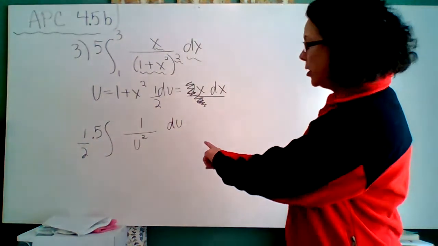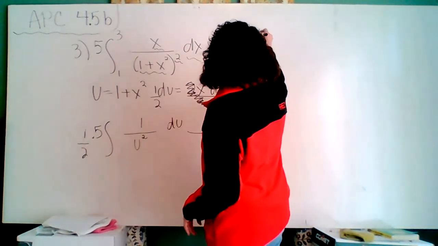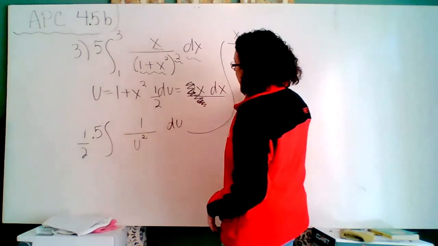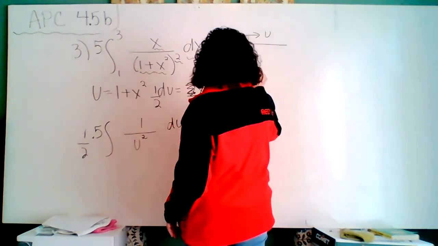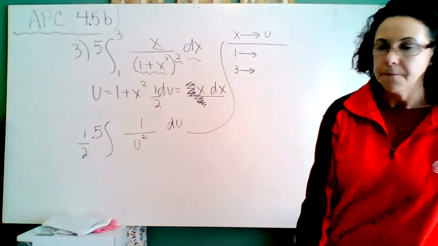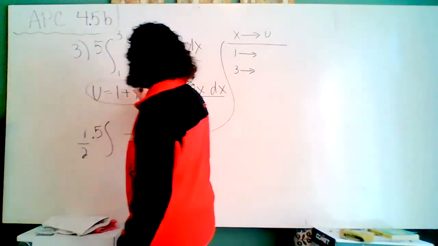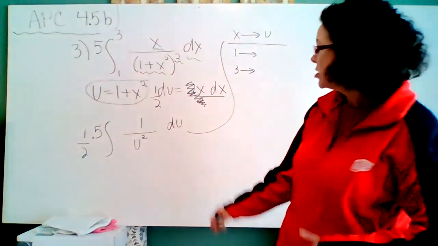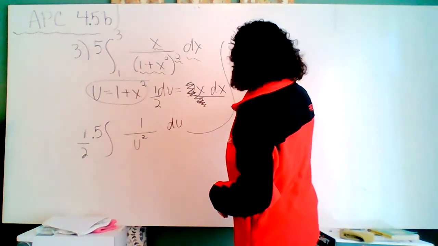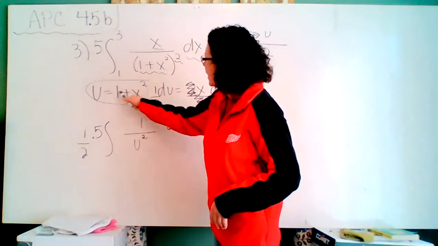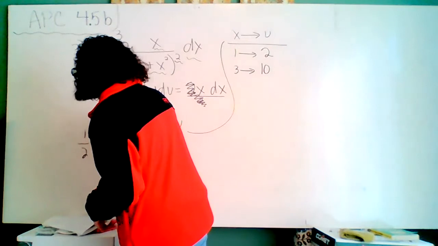I do know how to integrate this, so I am immediately not going to forget that this is an x of 1 and an x of 3, and I need to switch those to u's also. Again, here's the little math machine I made. It's the first thing I wrote that switches x's to u's. When I put in a 1, I get a 2 out. When I put in a 3, I get a 10 out. So 1 is now 2, 3 is now 10.